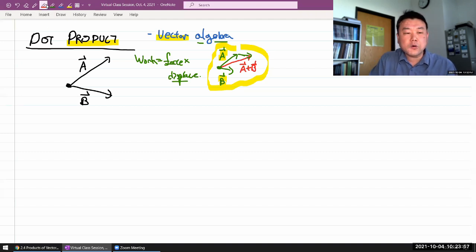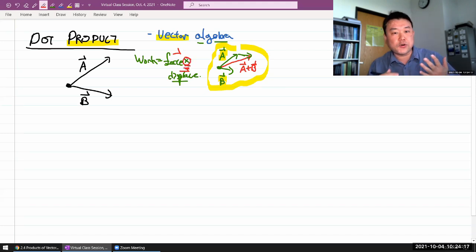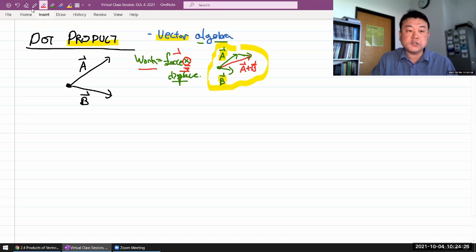Once you have objects that are vectors, the fact that they have direction is important, and it causes potential ambiguity, so you need to define your operations precisely. It'll turn out that this kind of product defining work will be defined through a dot product.